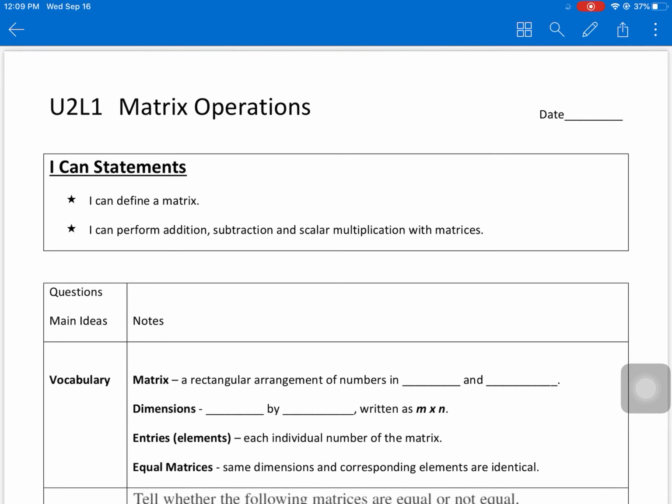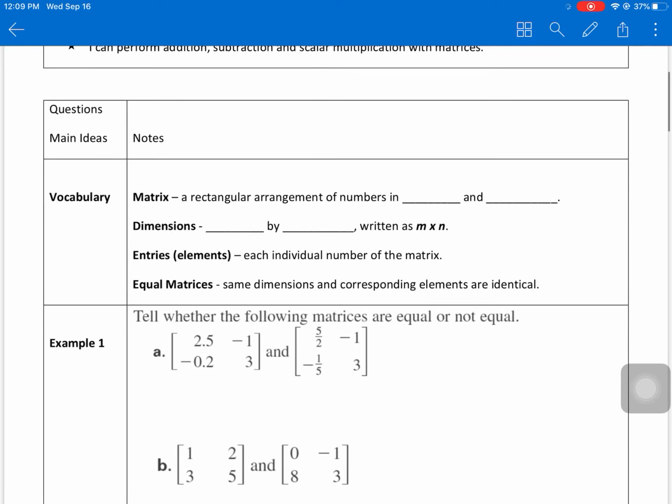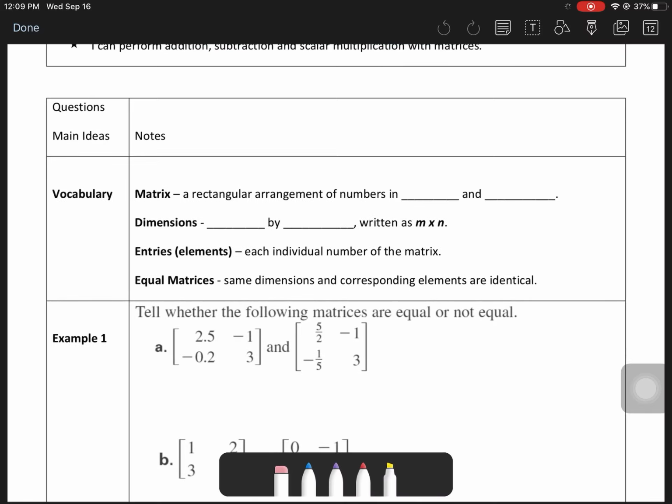In this lesson, we're going to be working with matrices. A matrix, if you look down at the vocabulary, is an arrangement of numbers in rows and columns. When you do a matrix, we are worried about the dimensions, which is the measurement of how we assign numbers to a matrix.